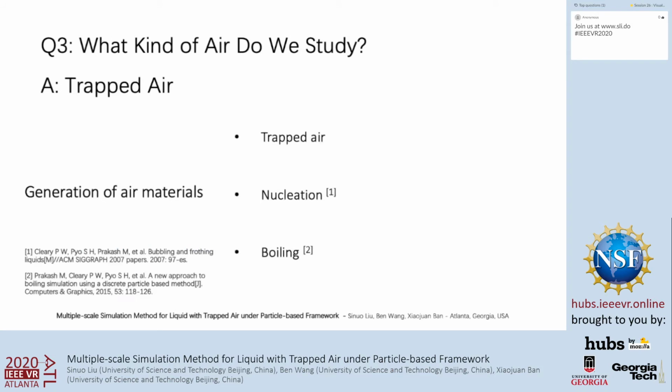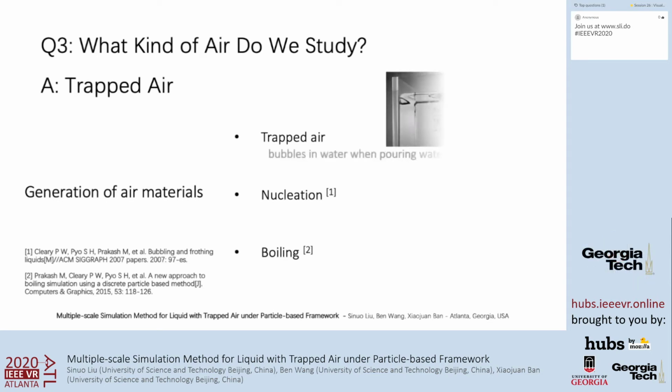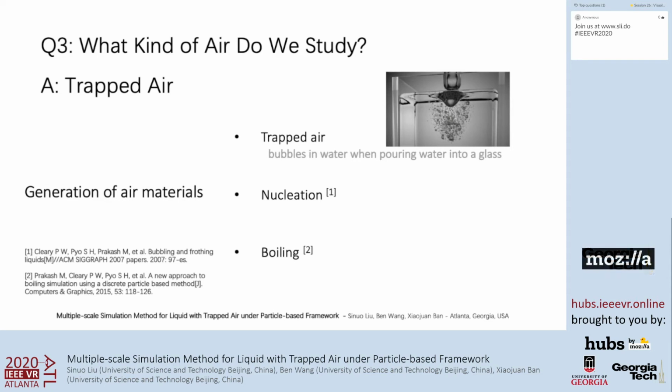In terms of generation of air material, it can be divided into three categories according to the mechanism: trapped air, nucleation, and boiling. First, when moving intensely or rushing quickly, air will be trapped in fluid, such as pouring water into a glass.